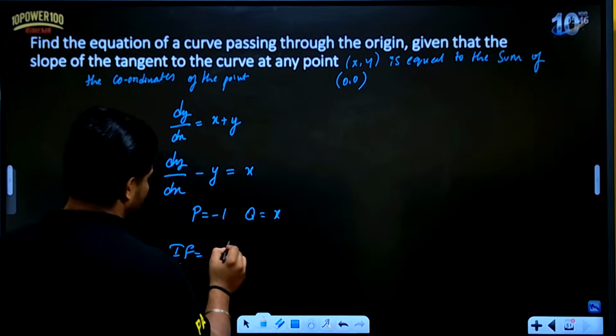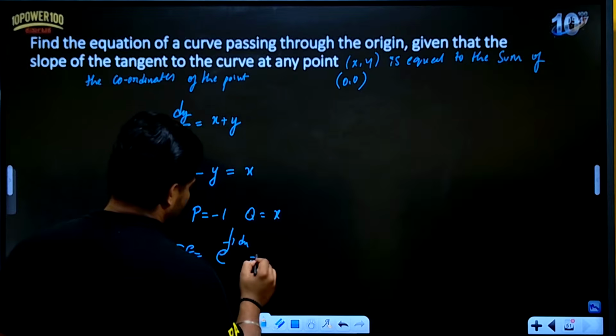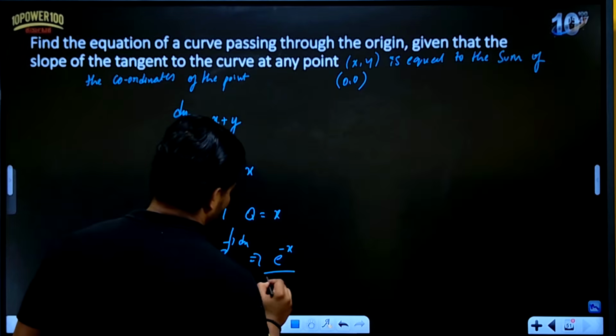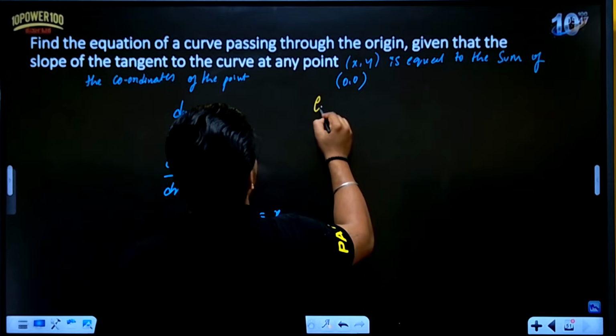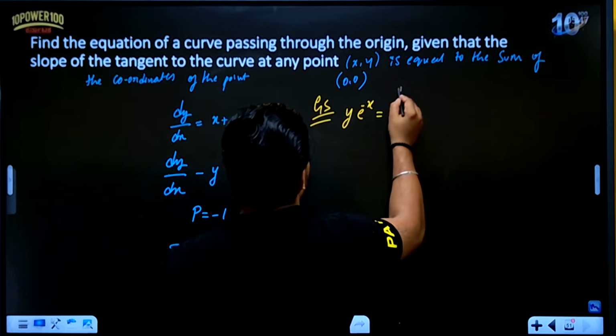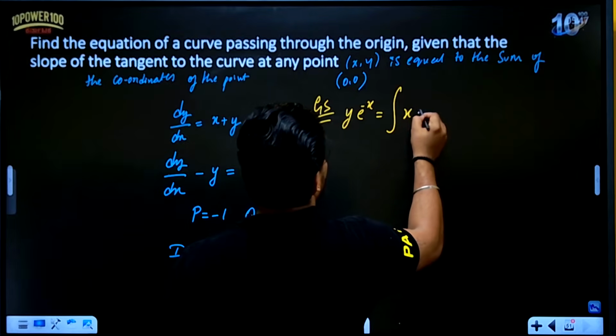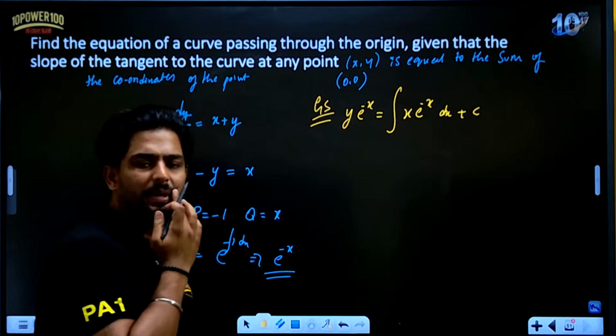So now the integrating factor is e to the power integral of minus dx, so e to the power minus x. Now the general solution: y into e to the power minus x is equal to integration of x into e to the power minus x dx plus c. By parts, simple question.